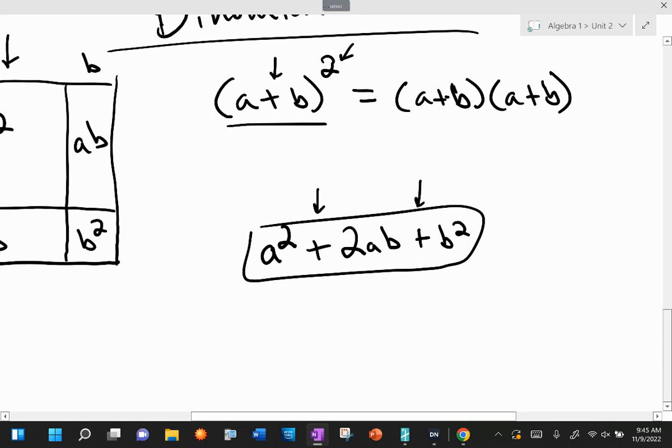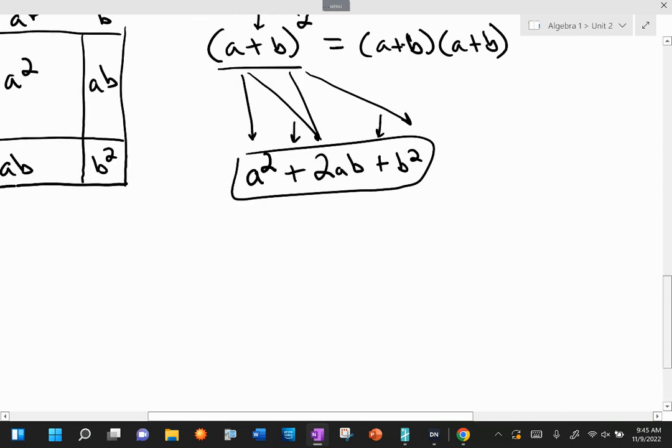The first term will be squared right here. The second term will be squared right here. And those terms put together with a 2 in front will go right there. Every time.